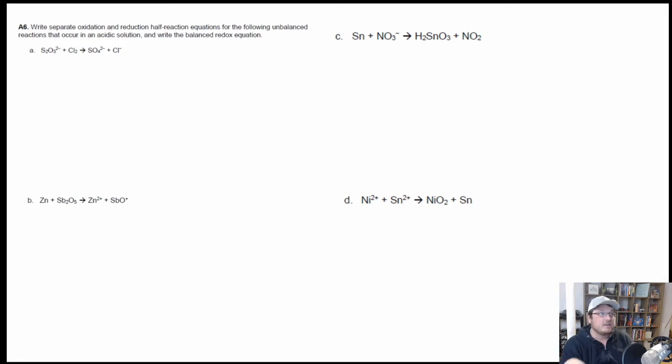Once you've done that, you then add in however many H pluses you need to whichever side needs them to balance out the number of hydrogens. You should then get all of those. And the last thing you need to do is add in electrons to make sure that the charges are balanced on both sides. So you do that for one half reaction, and you do that for the second half reaction.